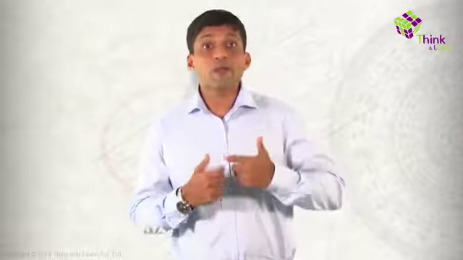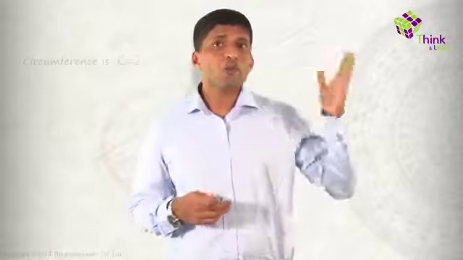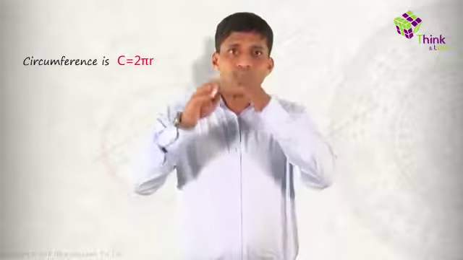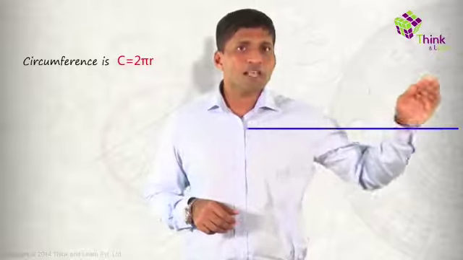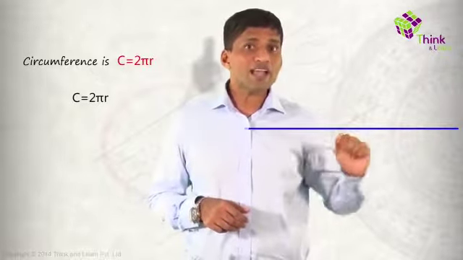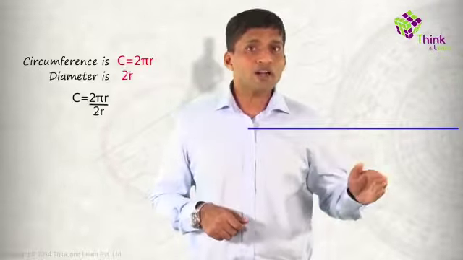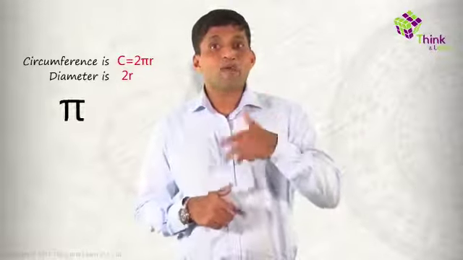From this, you can explain pi actually, because 2 pi r is the circumference. If I just open up a circle, and take the circumference, which is 2 pi r, and divide it by the diameter, which is 2r, I'll get pi. So what is pi?